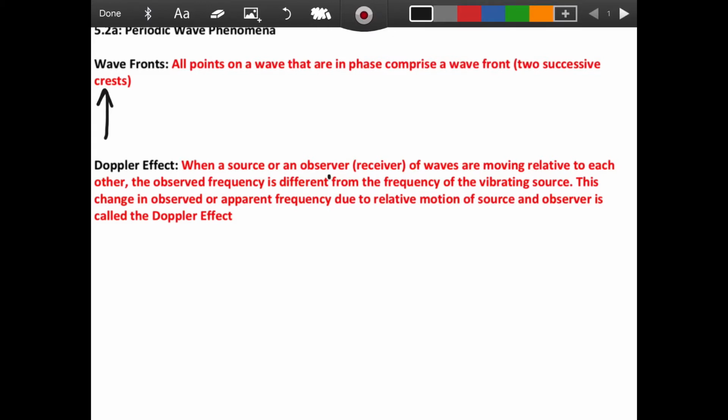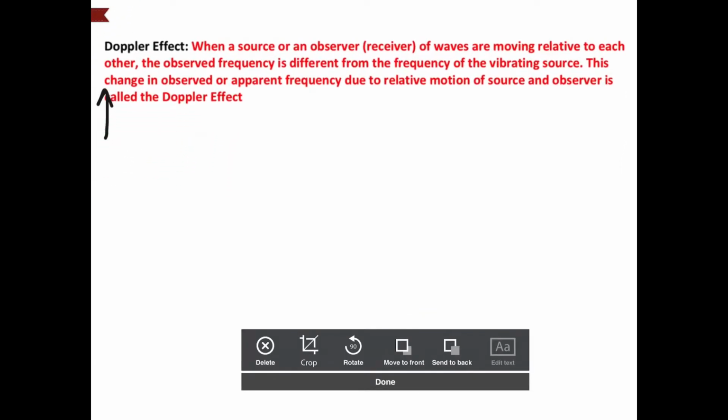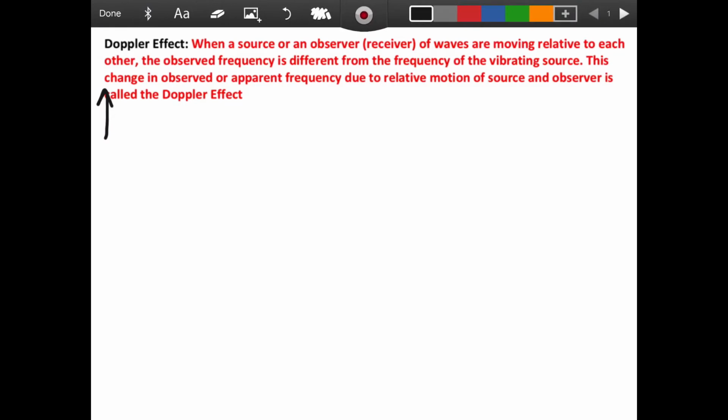Okay, so now we're going to make some diagrams to dive into the Doppler effect and help us visualize it. On the left, I am going to draw a stationary source.